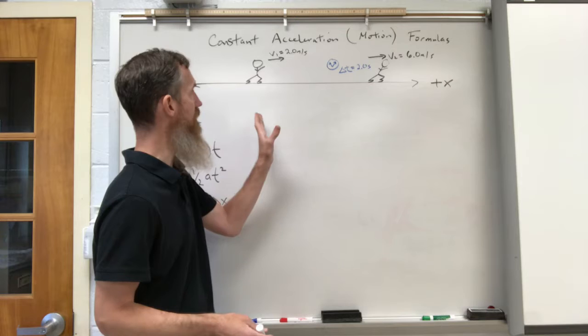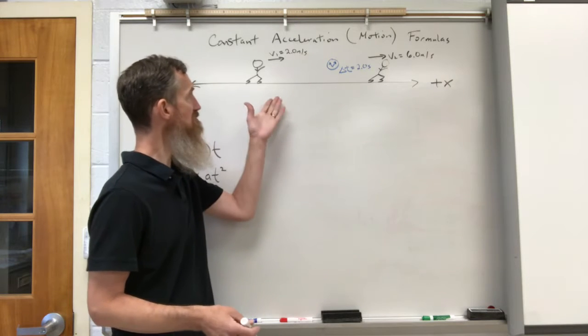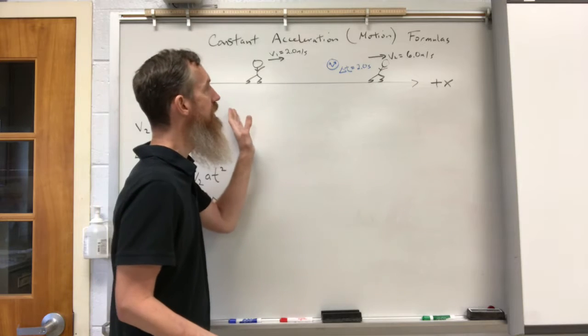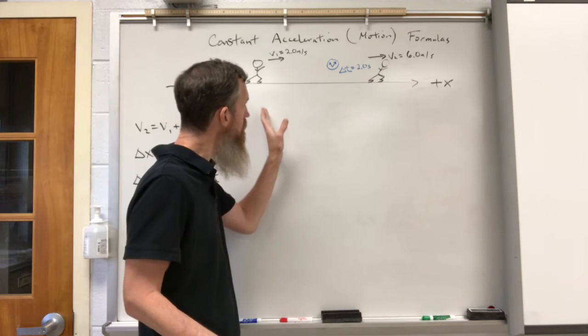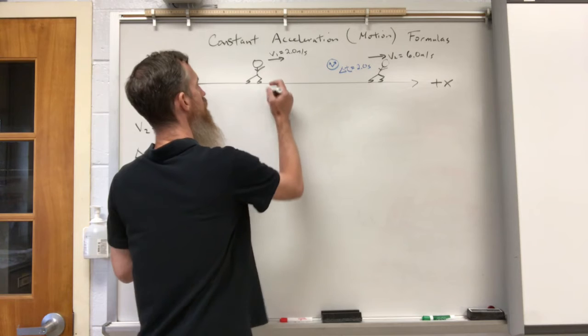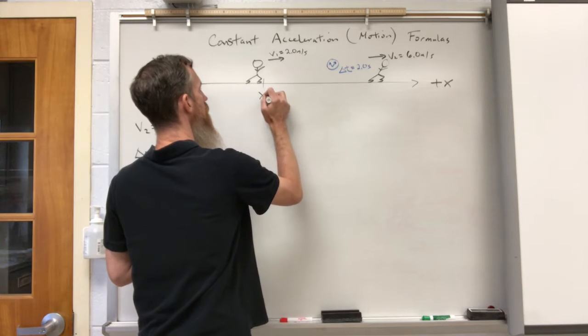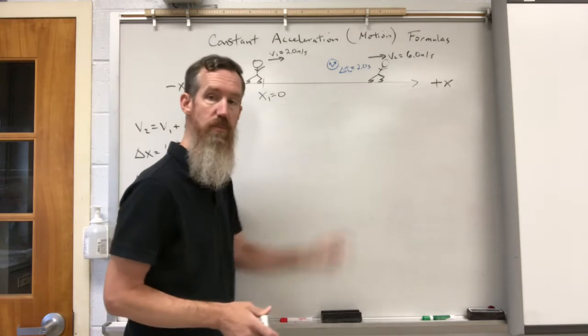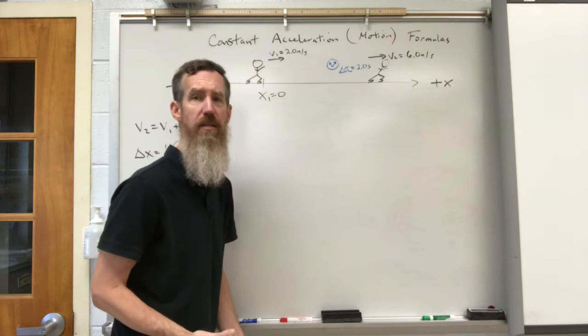So in this particular example, I have a person walking, going 2 meters a second, maybe a brisk walk, and then suddenly they, at position 0, start increasing their motion, start accelerating, start getting faster.